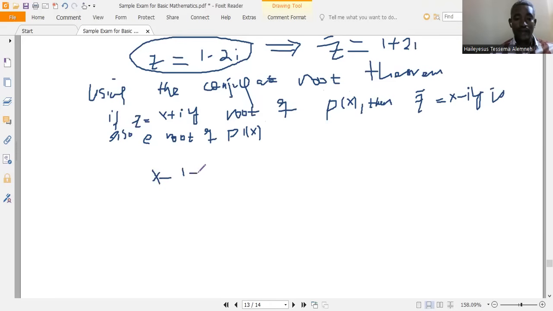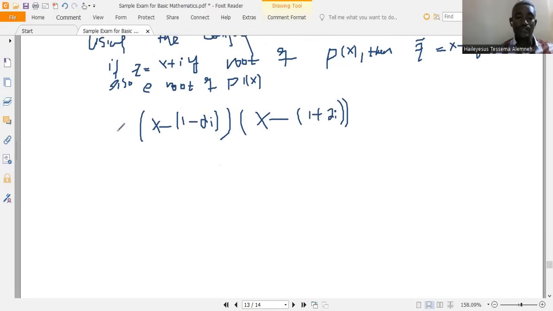Therefore, let's multiply the two roots: x minus (1 minus 2i) times x minus (1 plus 2i). These are linear forms, so what's the product?